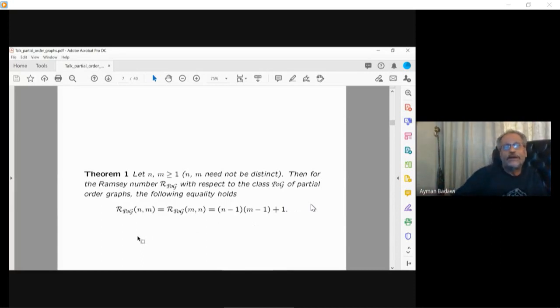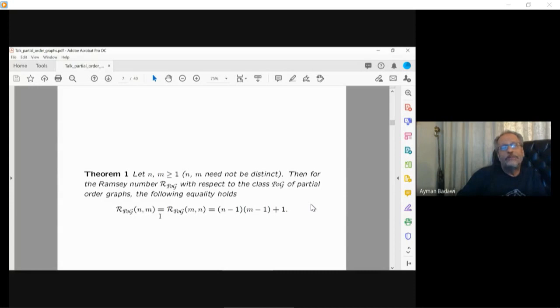So what does that mean? If you fix 3 and 4, this will give you 2 times 3 plus 1, so you get 7. So N is 3 and M is 4.